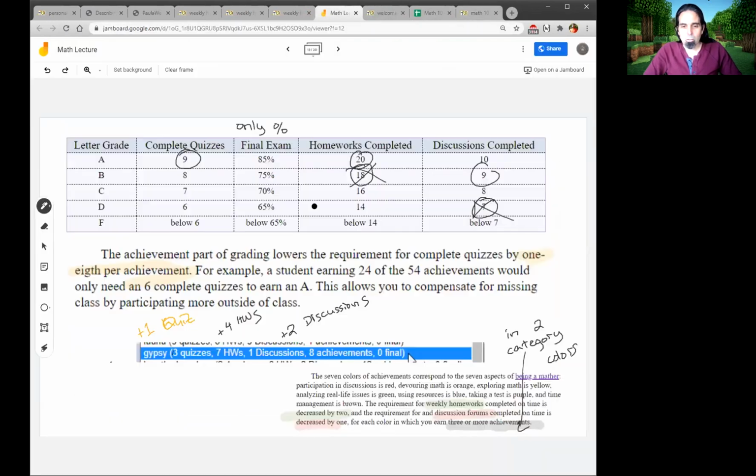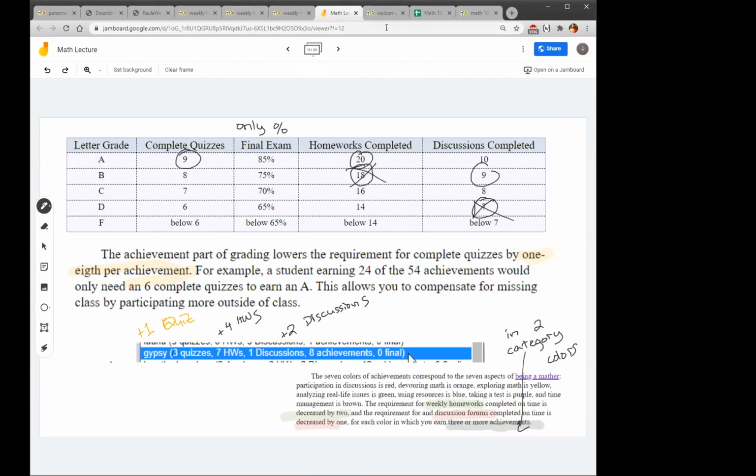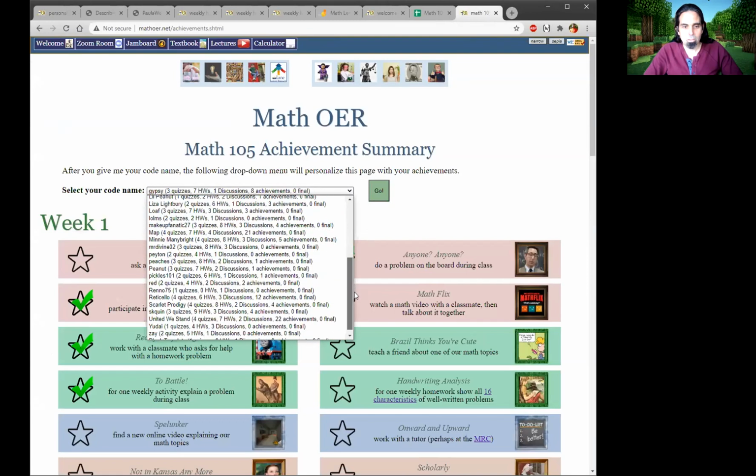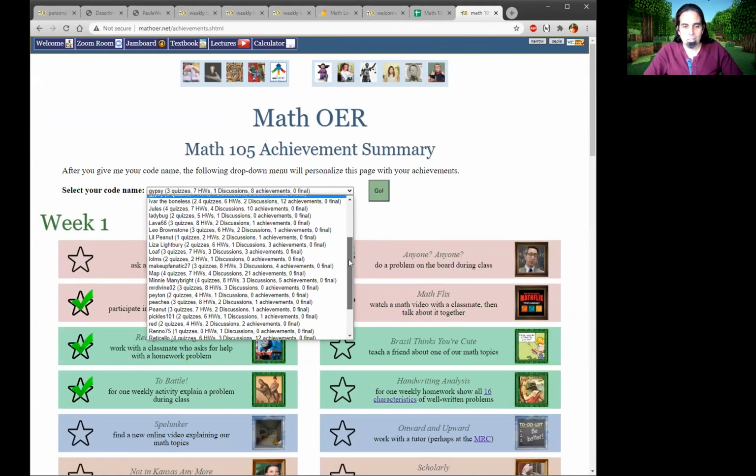Okay, do we need to do another example gradebook person, or is Gypsy enough of an example of how this works? Do one more. Do one more. Okay, who should we look at? Somebody call out something. You could look at me because I'm curious to see.